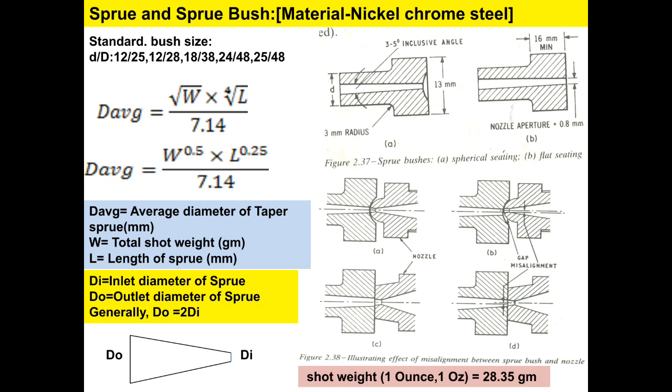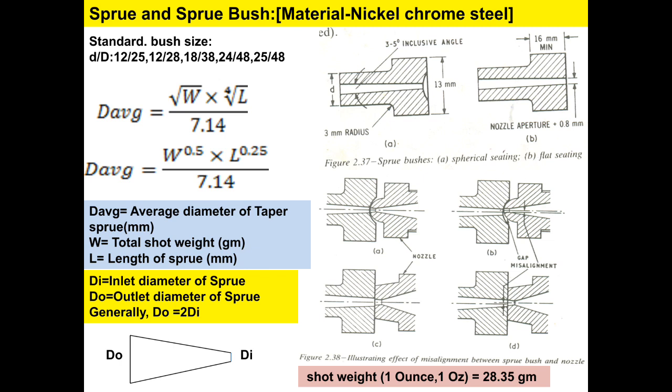These sprue bushes are available in standard sizes, and the average diameter of the sprue passage, d average, can be calculated as square root of w into fourth root of L upon 7.14, where d is the average diameter of the taper sprue in mm, w is the total shot weight in gram, and L is the length of the sprue in mm.